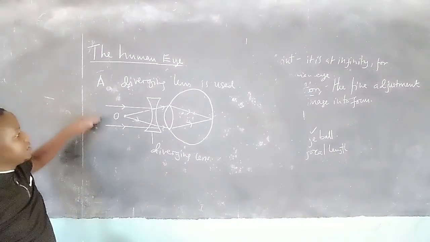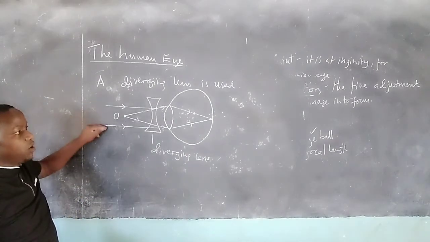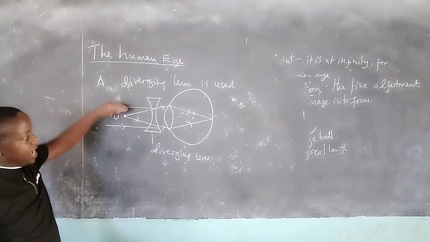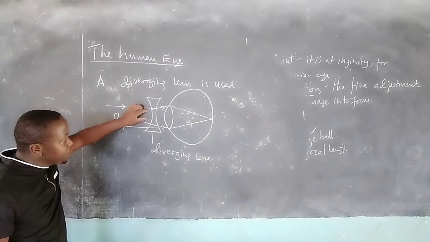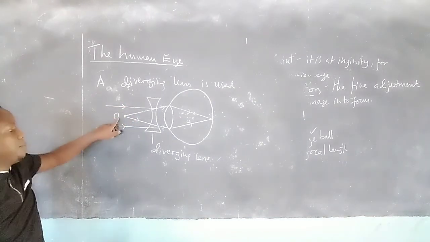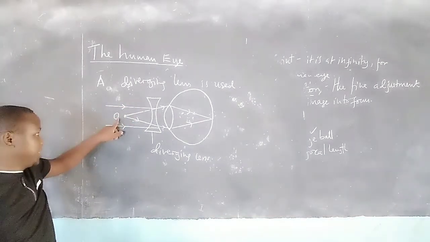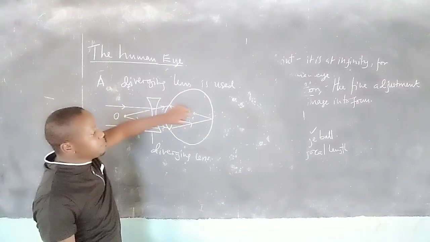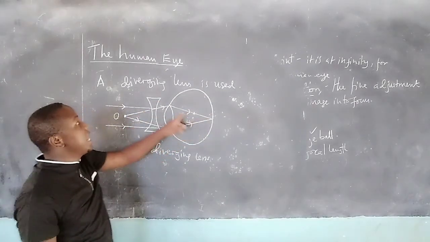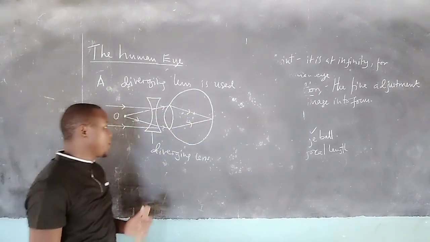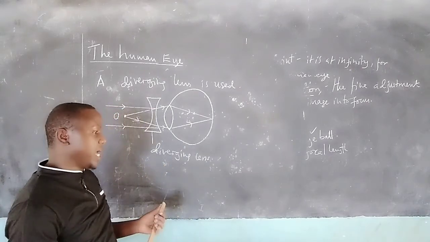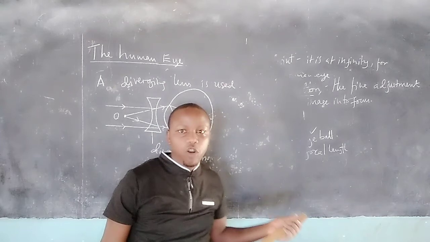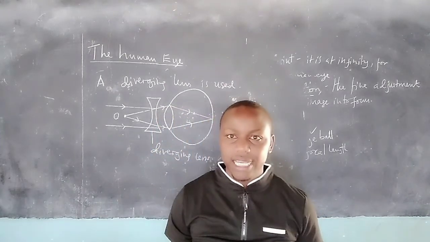The rays of a distant object are captured first of all by the diverging lens, making them appear to be originating from a near point. Then the eye can bring them to focus on the retina, and the defect is now corrected. So that is what we call correction of myopia, or correction of short-sightedness.